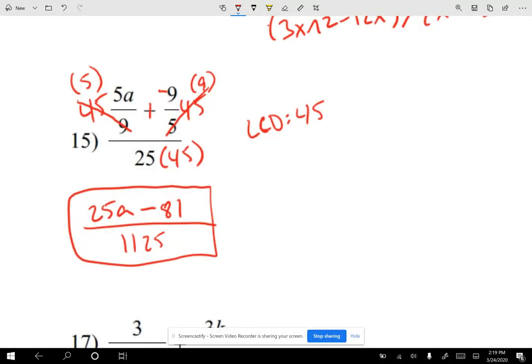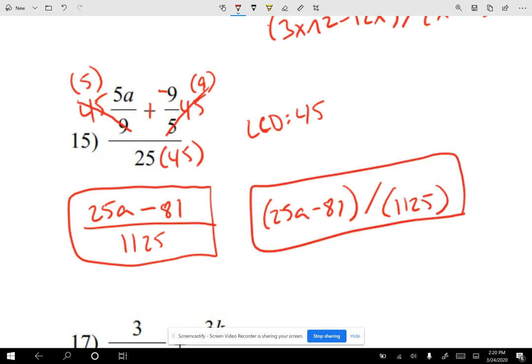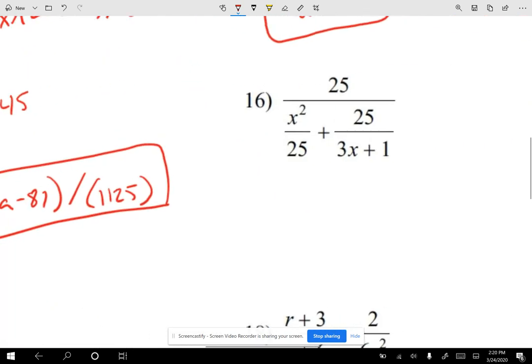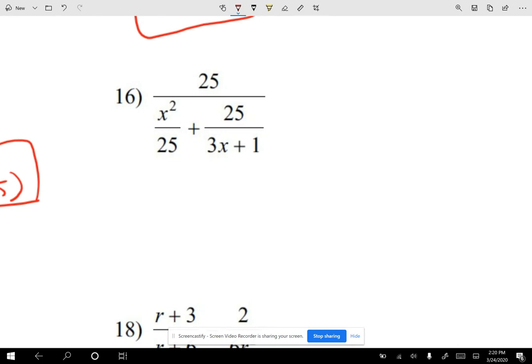The way I will type this will be 25a minus 81 inside parentheses over 1,125. You don't have to put the little comma for the 1,000, just the numbers 1125. All right, let's take a look at number 16.